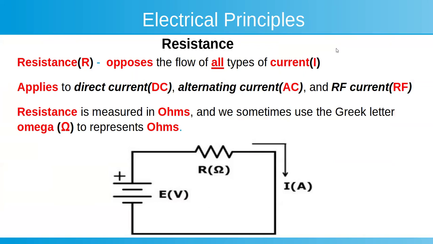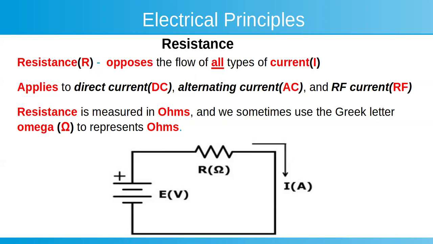Resistance is the opposition to current flow, and it's all types of current. It's frequency independent, which means it's the same whether it's a direct current circuit or an alternating current circuit. Later we'll talk about capacitors and inductors, and they're frequency dependent. They oppose current flow at certain frequencies.